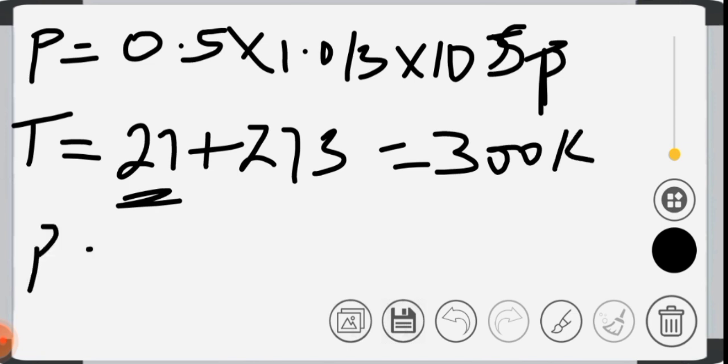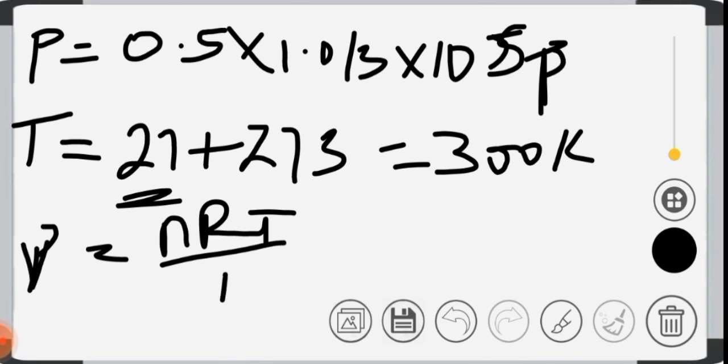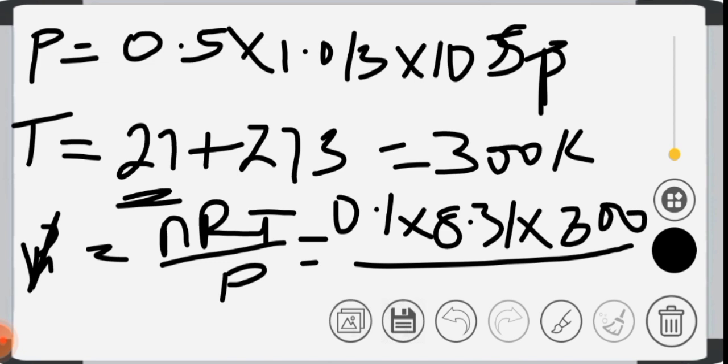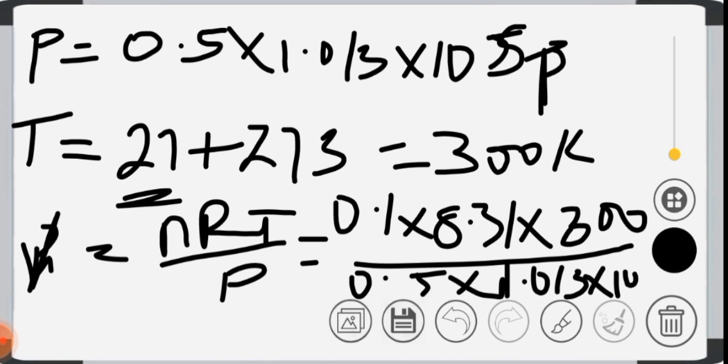So we know that V is equal to what? nRT over P. Now, n is 0.1, R is 8.31, T is 300, over the pressure, which is 0.5 times 1.013 times 10 to the power 5.